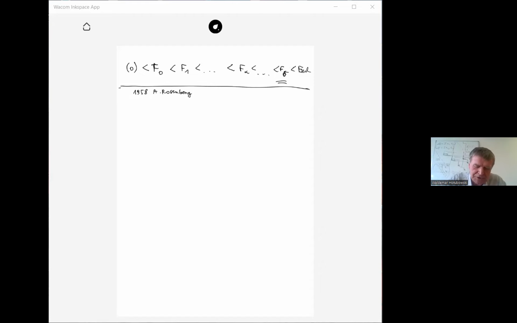We look at all linear transformations which are invertible, so it corresponds to the group, the general linear group of linear transformations of vector space V. And he tried to answer the question, what are the normal subgroups of this general linear group? And the answer was as follows. Here we have a general linear group of linear transformations. Here we have such a picture, which is like a ladder.